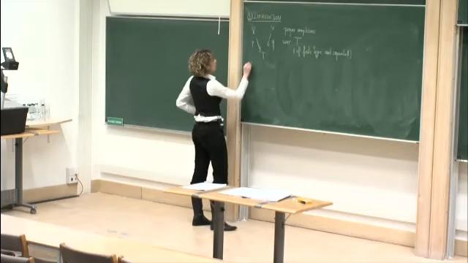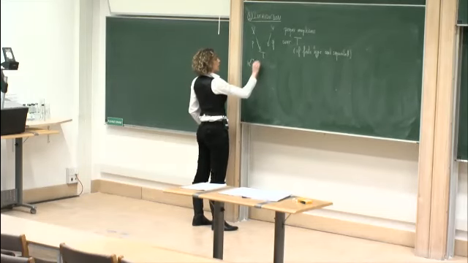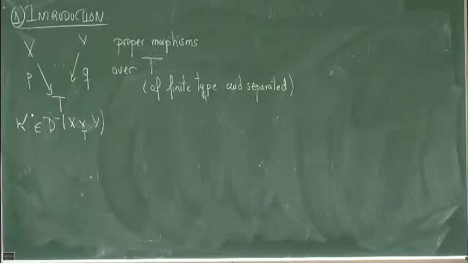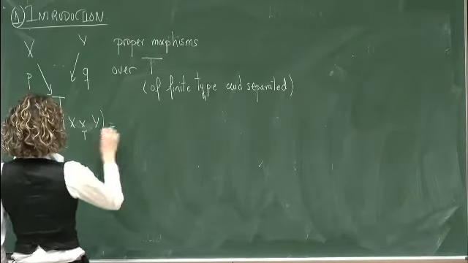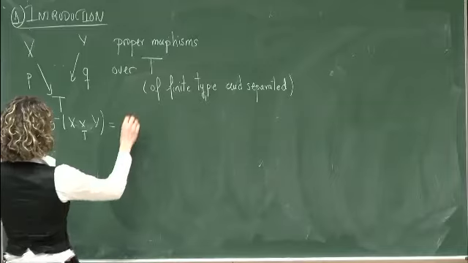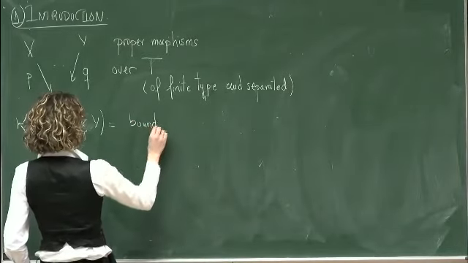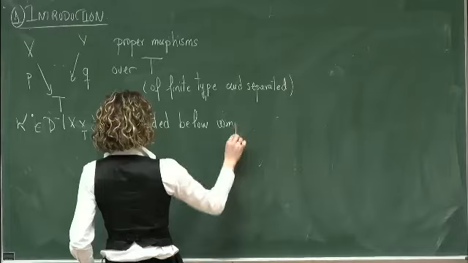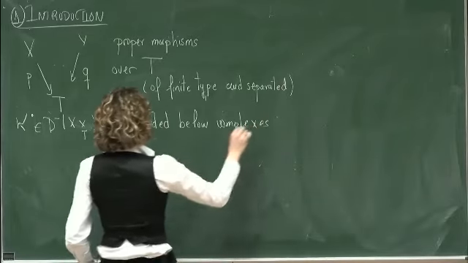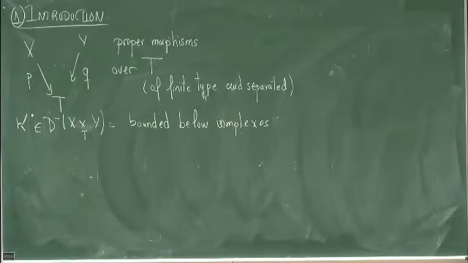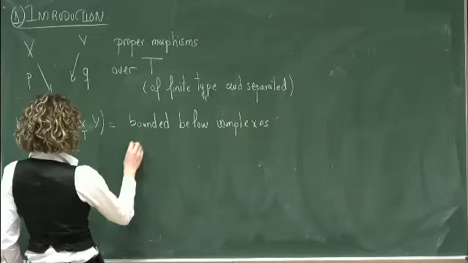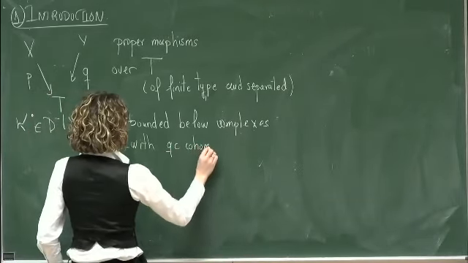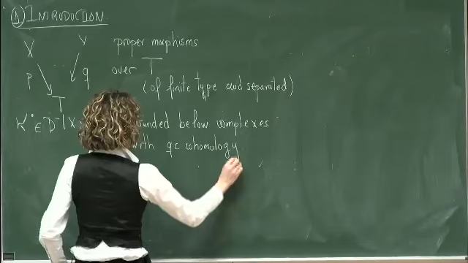Suppose that you have an object in D minus of the fiber product of these two schemes. This denotes the derived category of bounded below complexes with quasi-coherent cohomology sheaves.